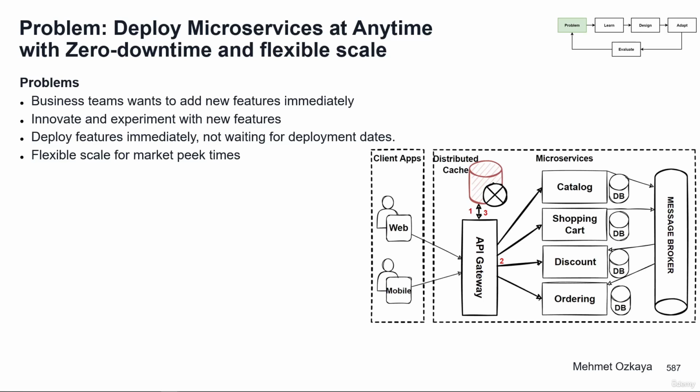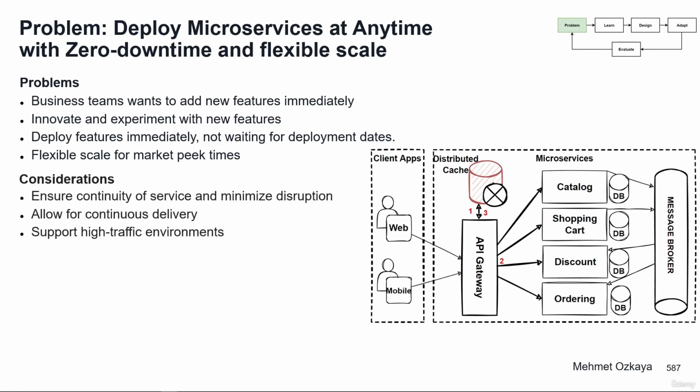So we should have some considerations. There are several reasons why microservices may need to be deployed with zero downtime, and here you can see the considerations. Microservices should be deployed with zero downtime because they should ensure continuity of service and minimize disruption.